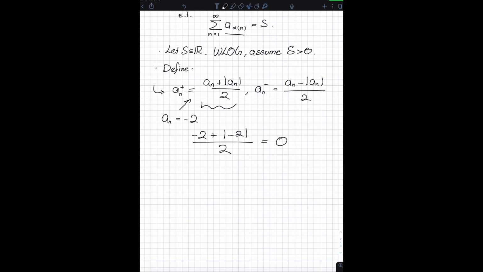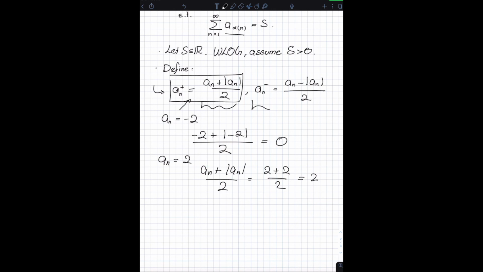For example, if I pick a of n equals 2 and put it in over here, I get a of n plus the absolute value of a of n divided by 2, which is 2 plus 2 divided by 2, which is just 2 again. So what this term over here does is that it changes all the negative terms of the sequence a of n to 0, and it keeps all the positive terms the way they were.